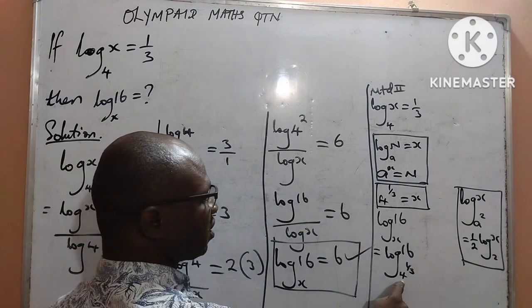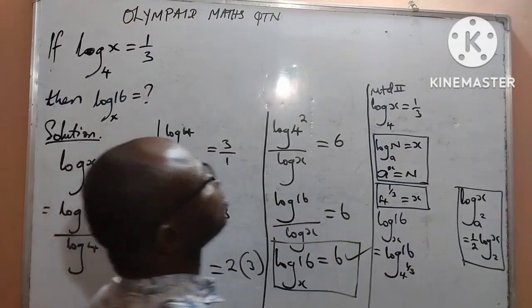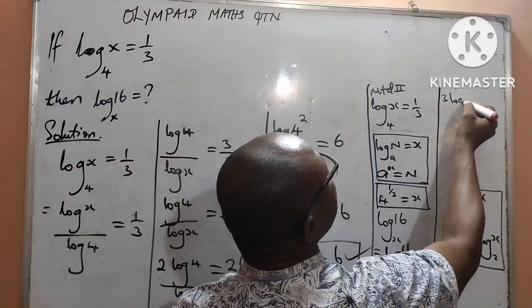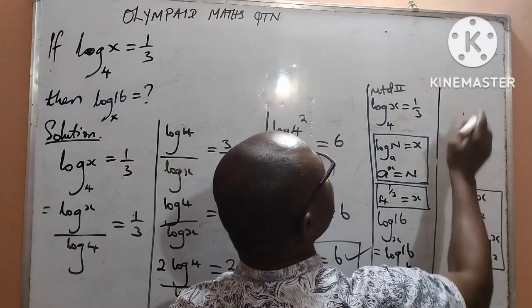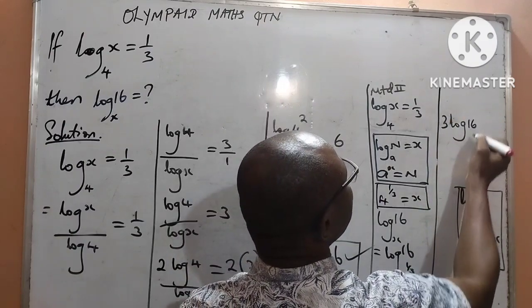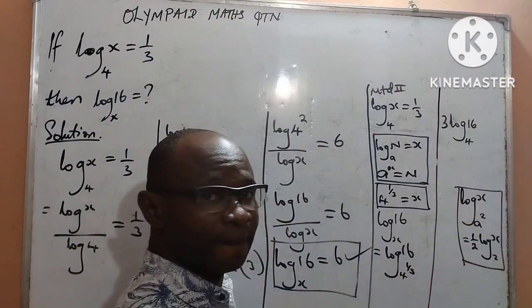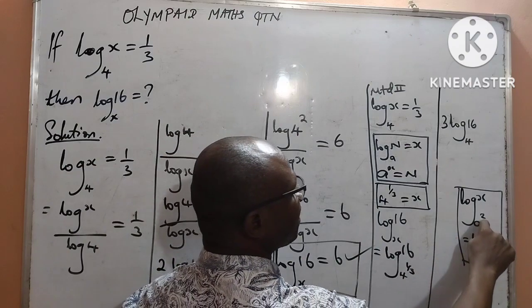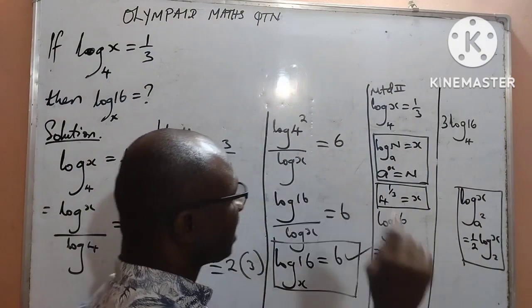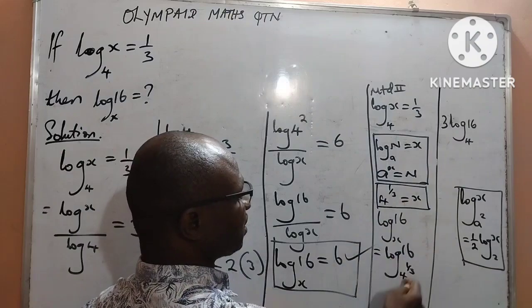The base here is 4. The power of the base is 1 over 3. So the reciprocal of 1 over 3 is 3. So this now gives me 3, then log 16 base 4. Beautiful. Now, I have applied this law: I take the reciprocal of the power of the base and use it to multiply the logarithm to its own base. And that is what I have done. So the reciprocal of 1 over 3 is 3, then log 16 base 4.